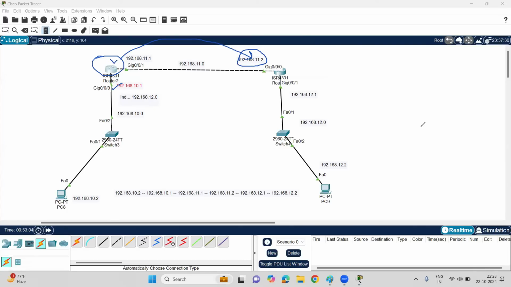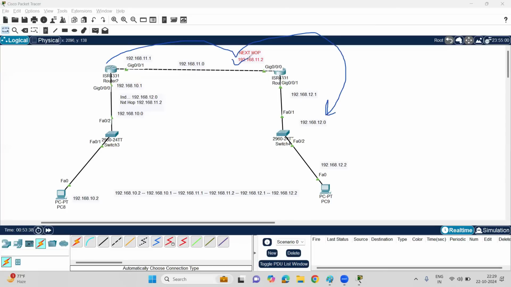Clear? And in the case of routers, this gateway is known as the next hop IP. What? Next hop IP address. Okay. So for this router, the next hop IP is this one. Clear? So we have to provide two pieces of information: the indirectly connected network and the next hop, because this IP or interface is responsible to forward the data beyond this point, right or not?